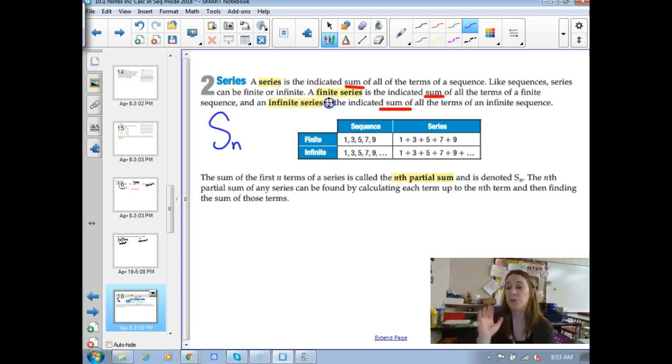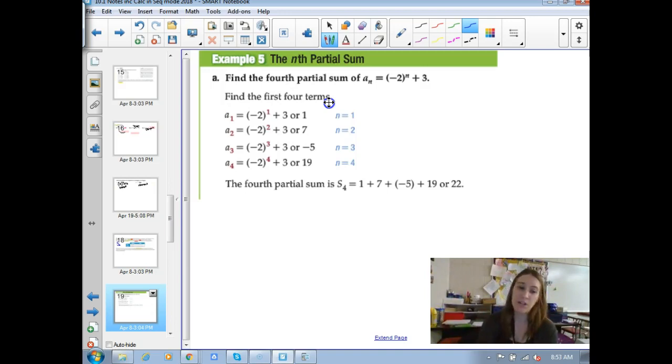So you'll do lots and lots of these in calculus. But for us, we're going to be finding partial sums mostly here on our calculator using some neat little sequence features. We're also going to talk about sigma notation shortly. They want you to find the fourth partial sum. So they give you a sequence first, a sub n, and then they want you to find all the values of the first, second, third, and fourth term.